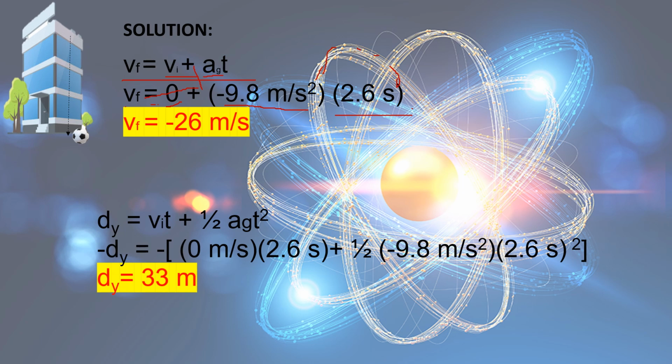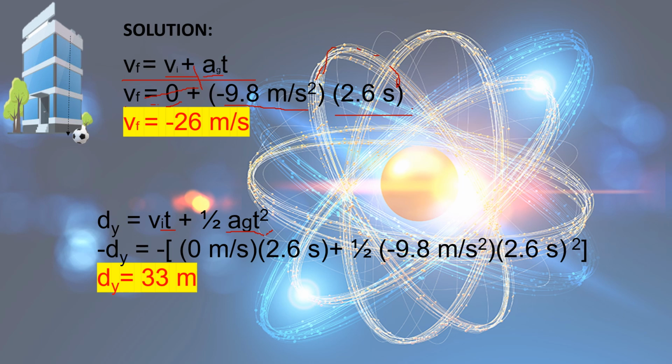Next problem is we are going to solve for the height of the building. How high is the building? So to get that one, the formula is dy, that's the distance in y-axis, is equals to vi times time plus 1/2 times acceleration due to gravity times time squared.